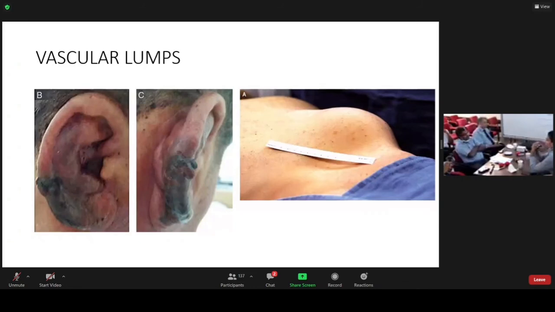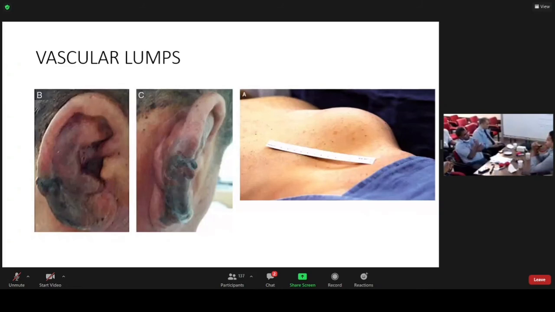So pulsatility, also there is an expansion. We have to keep our fingers on both sides of the lump and see whether there is an expansile impulse. It is not a cough impulse, but an expansion. With each pulsation, the lump moves outwards. That is what happens in arterial lumps.